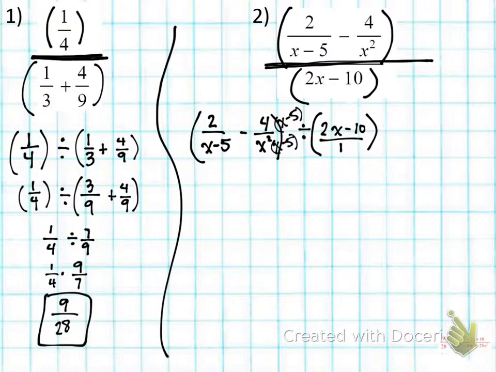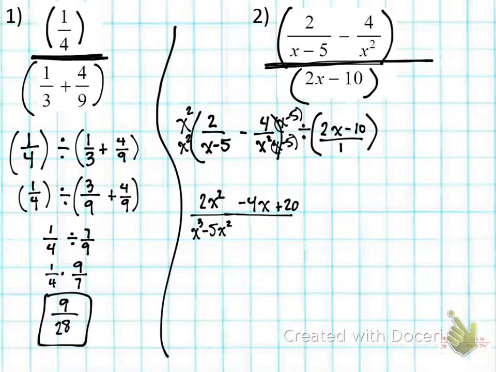This right side has x squared. This left side doesn't, so I have to multiply by that. So now we have 2x squared all over x squared times x, which is x cubed, minus 5x. Negative 4 times x is negative 4x, and negative 4 times negative 5 is positive 20.